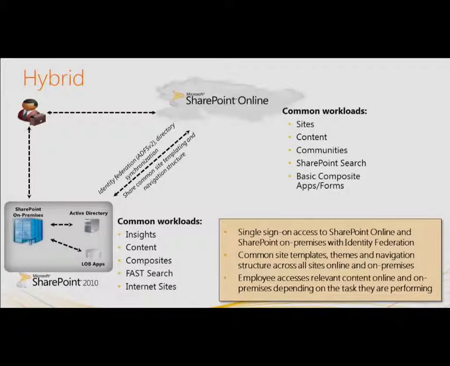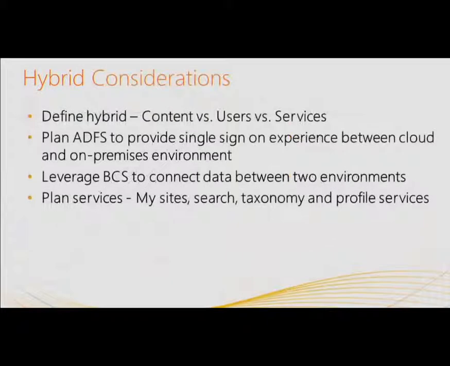So, as we said, common workloads for a local, on-premise SharePoint are Insights, Content, Composites, FAST Search, and Internet Sites, and common workloads for SharePoint Online are Sites, Content, Communities, SharePoint Search, and basic Forms. Hybrid consideration: it's a good idea to understand with the customer when to use a hybrid environment.